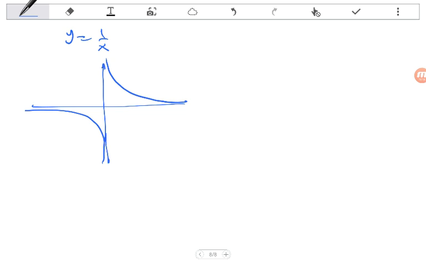If I had 1 over x squared, this is much like (1 over x) all squared. So any negative, I just need to square this function. What does squaring do to the negative? It makes it positive. Okay? So any negative will be positive.